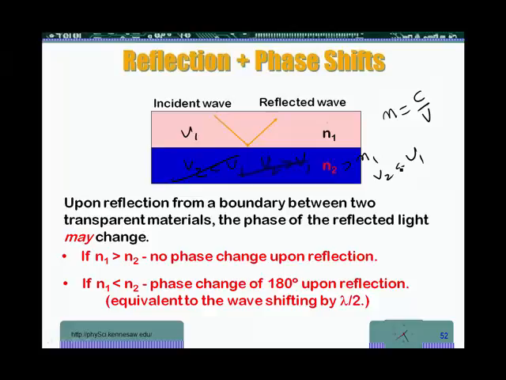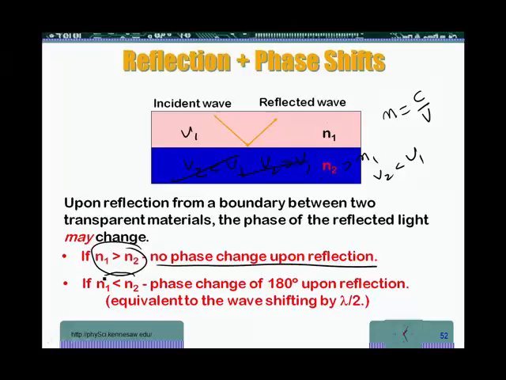What this means is, if we go from one medium where I have an index of refraction n1 to a medium n2, now if n1 is larger than n2, that means that the wave is going to speed up when it moves to n2, then the reflected wave does not have a phase change.